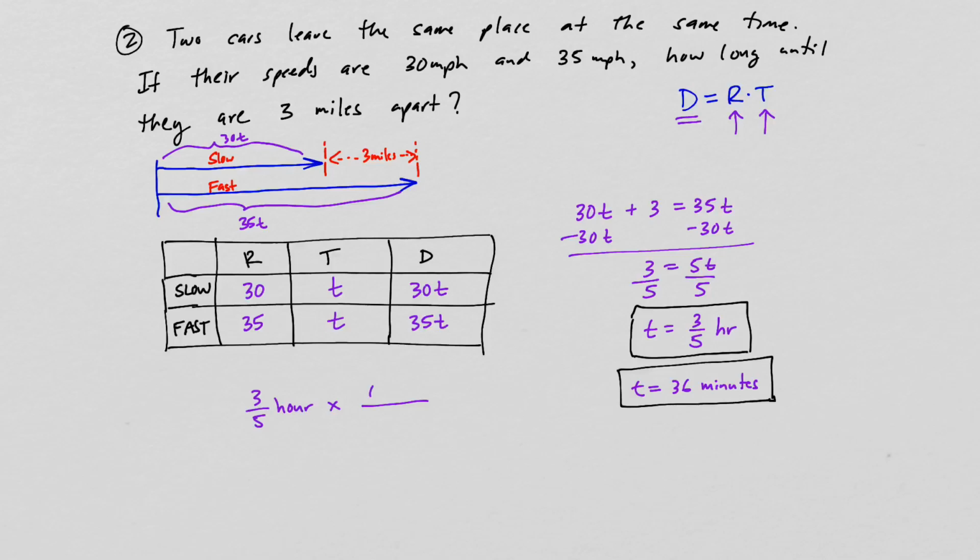The conversion factor is, we know that there are 60 minutes in 1 hour. And what happens is the hours cancel out. And what we get is 5 goes into 60 12 times, and 3 times 12 is 36. So that's how you convert 3/5 of an hour to 36 minutes.